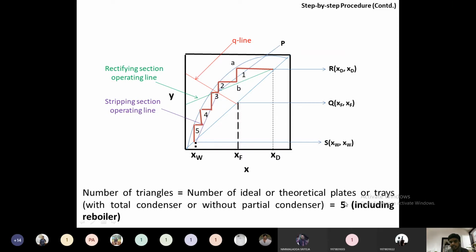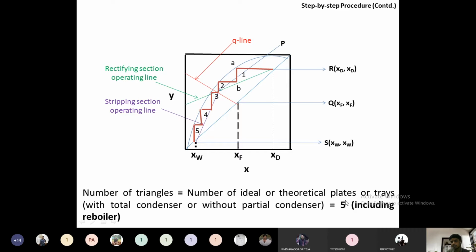If they are asking how many trays are there only inside the shell, inside the cylindrical distillation column, then you have to subtract for the partial condenser as well, 5 minus 2. Then the total will be 3 plates inside that cylindrical column. If they are asking for the total number of plates in the overall operation, then 5 plus 1 we have to include when they are using a partial condenser.